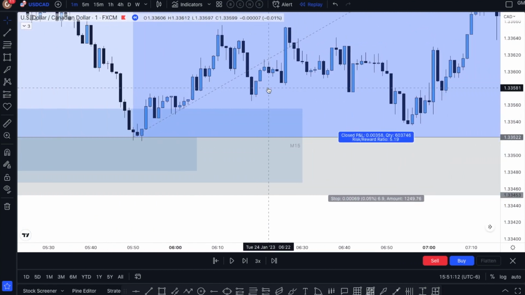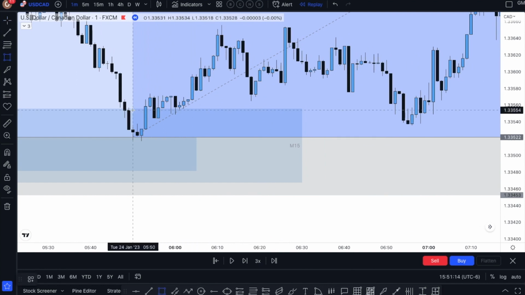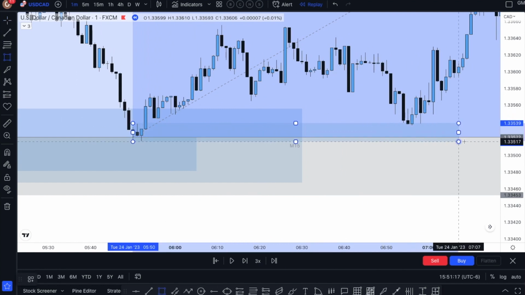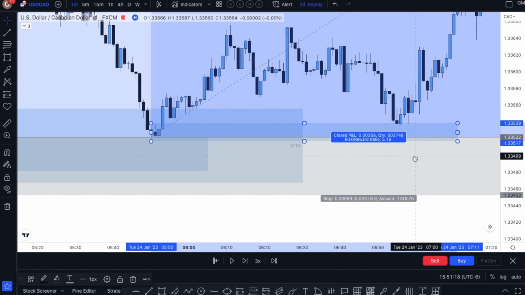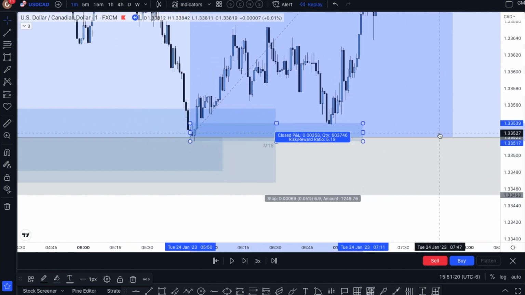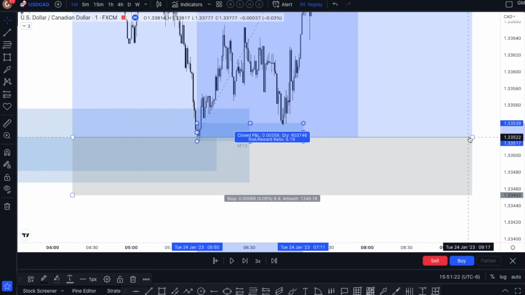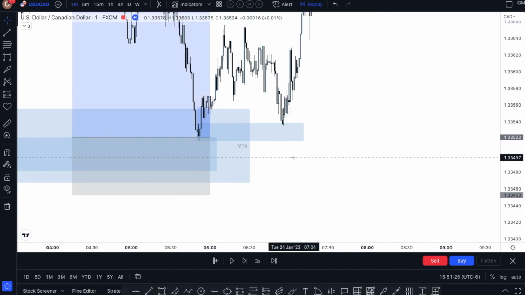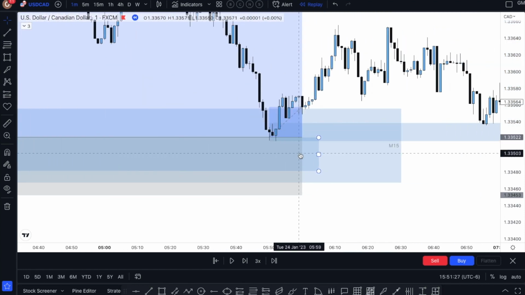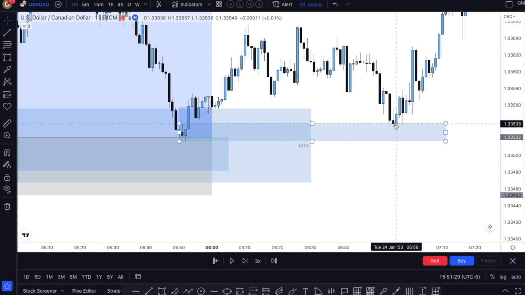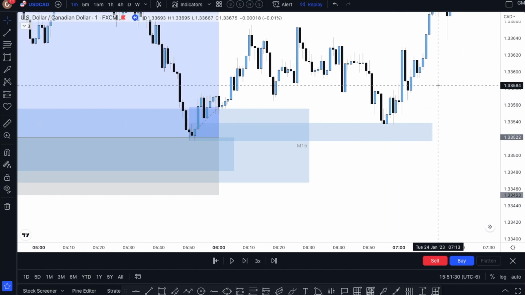On the 1 minute time frame, we had a demand level here. And what did price do? Price, let's move this out the way so you guys can see it. Price actually dipped into the 1 minute demand level as well before it dipped off.